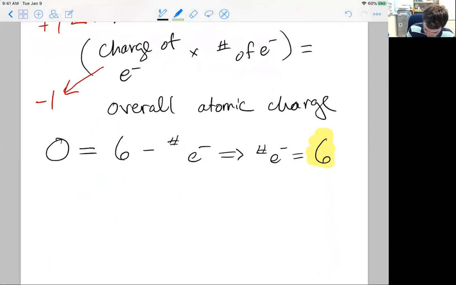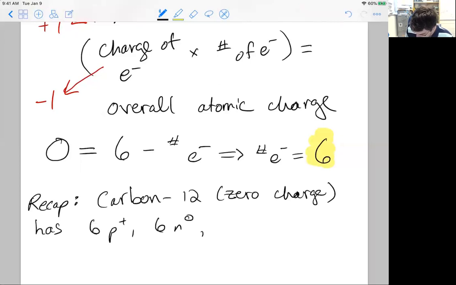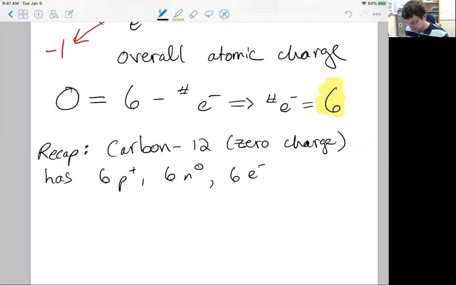So just to recap, carbon 12 with a 0 charge has 6 protons, 6 neutrons, and 6 electrons. And we figured out general ways to solve this that can be used for really any atom.